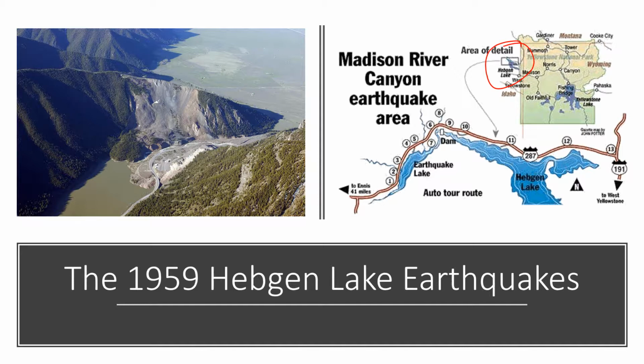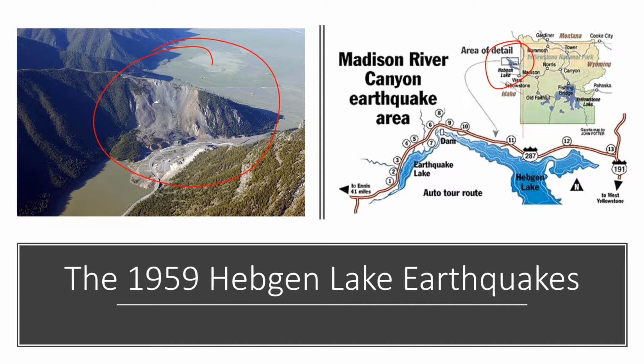And this earthquake created a landslide, and this landslide, coupled with the amount of water it displaced, killed 28 people who were camping along the Madison River on this night when the earthquake occurred.